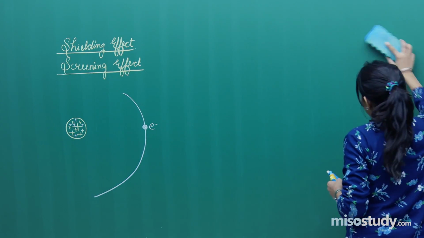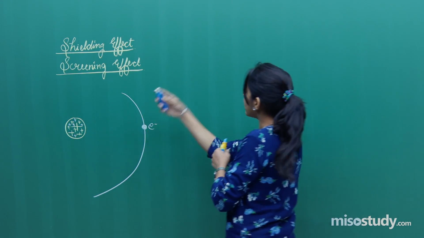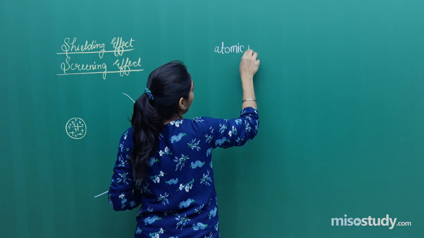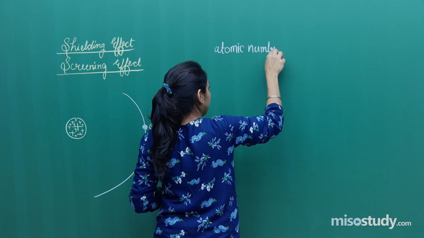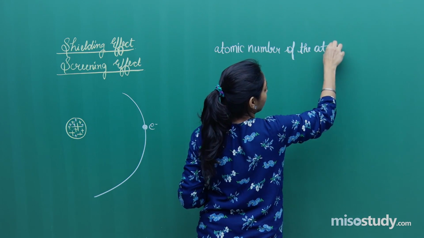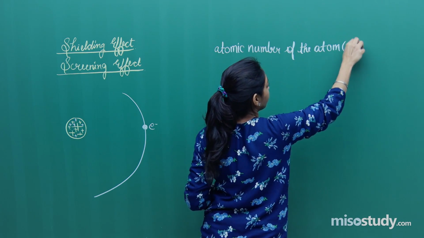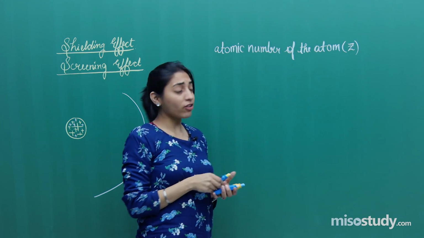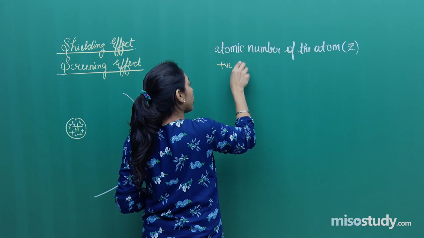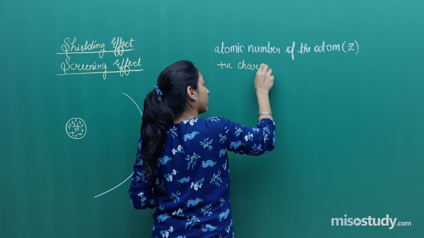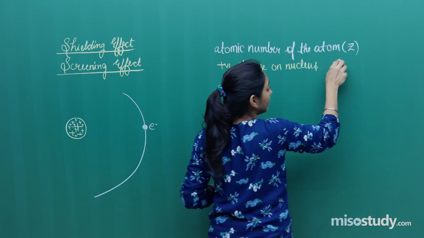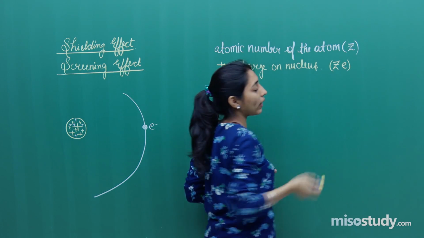Let's say the atomic number of the atom that we will be considering is Z. So if the atomic number of the atom is Z, you can say that the positive charge on the nucleus will be Z times the charge on one electron, right?